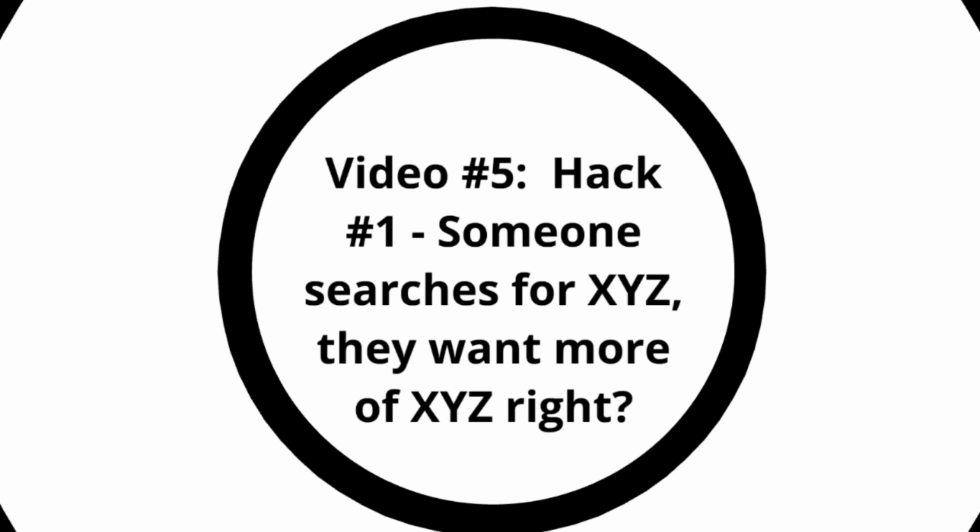If you think about when somebody comes to your website, after they look at the speed and everything is fast loading, they think, okay, I'm searching for something specific. They might find it, but then they're going to look for more of that. In other words, they search for XYZ, they want more of XYZ, right?